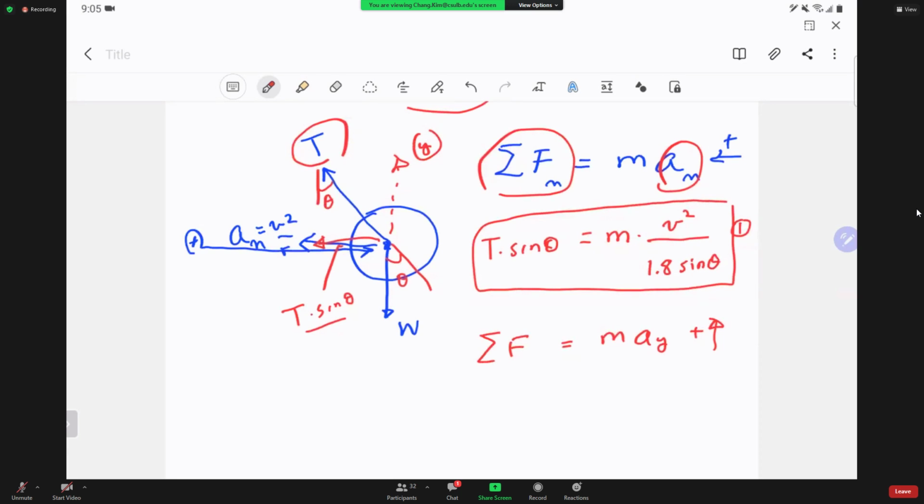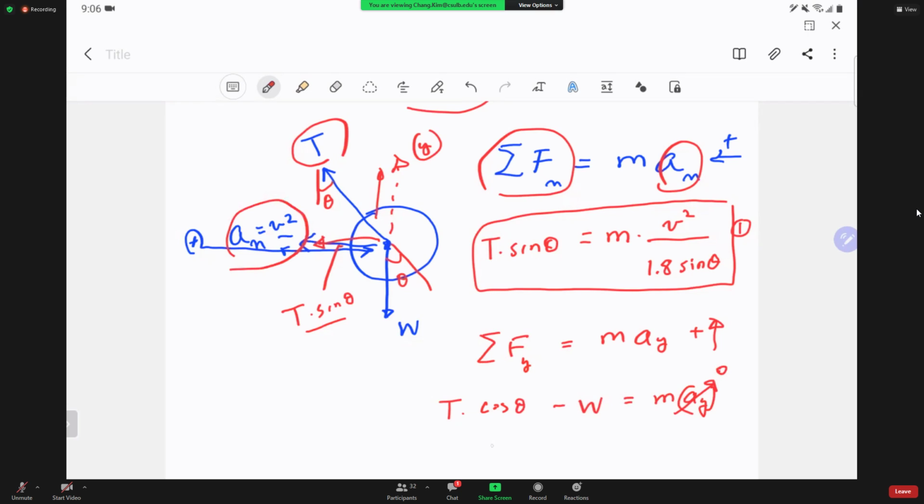In this case, the component of T along the y direction would be T times cosine theta, positive, minus W equal to mass times a_y. In this case, it is 0. Why? Because the normal acceleration is the only acceleration that it can see. There is no acceleration up and down.